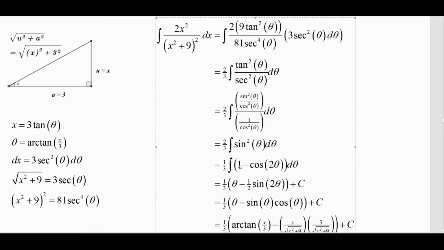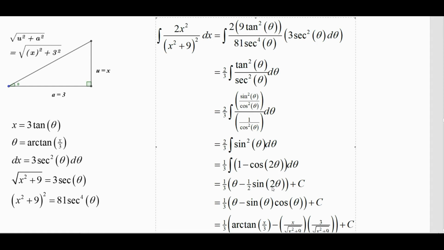So we have the integral of 1 d theta, which is just theta. And then we have minus the integral of cosine 2 theta d theta, which we can introduce a 2 and a 1/2, bringing a 1/2 out front, and it's like cosine w dw, so you get sine of w. Last integral sign is gone, so we put our plus c.